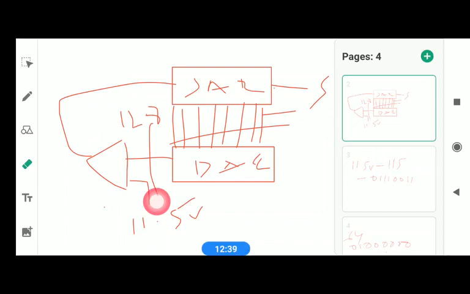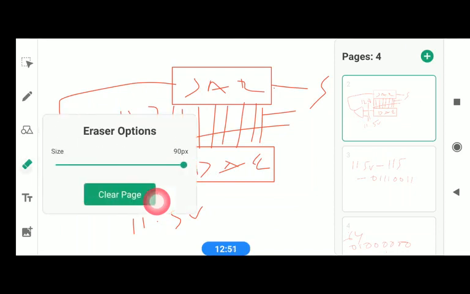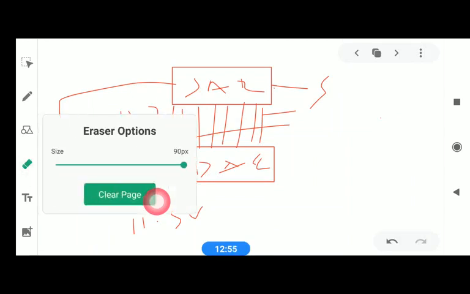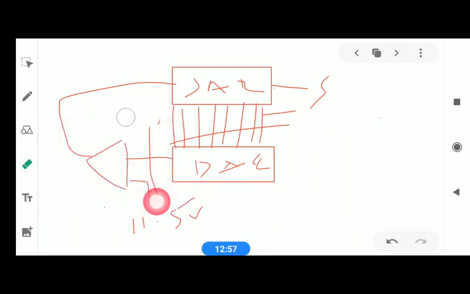The DAC converts that, decimal 64, binary 64, into its analog value. So the output we will get for 64 here is 6.4. Right, now you can see 6.4 is lesser than 11.5.